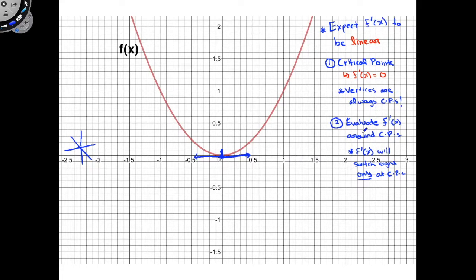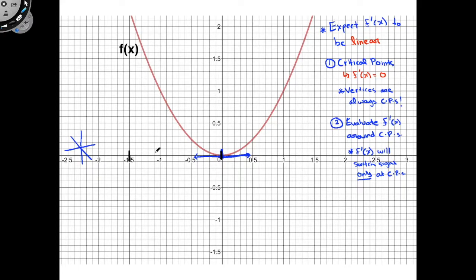Okay, so now that we've done that, we just evaluate what f prime of x looks like around the critical point. We have only the one critical point, so we don't have as much work to do, but let's just take a quick peek at what the sign of the derivative looks like across each of these intervals. So we have two sub-intervals to evaluate, okay?